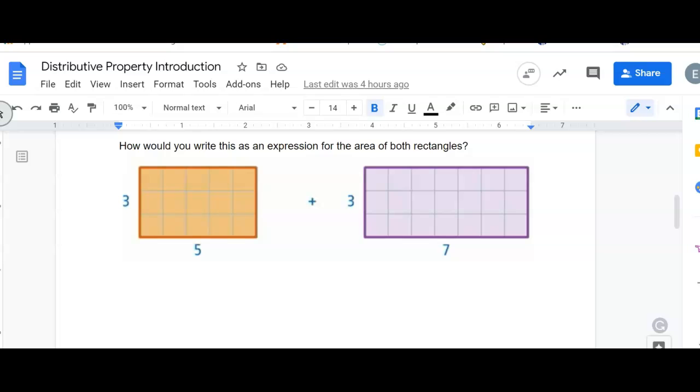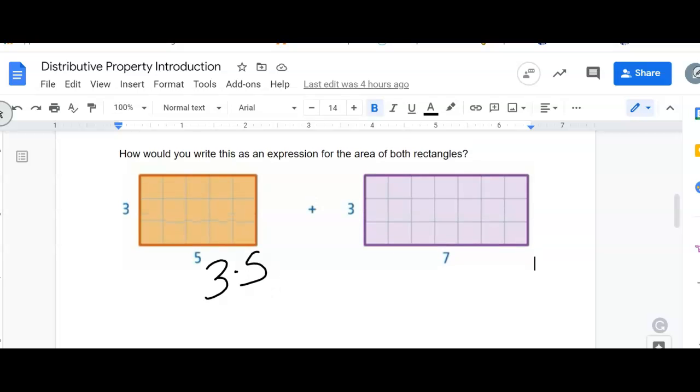Find the area. 3 times 5 plus... Good. So 3 times 5 would give us what? 15. It would give us the area of the orange rectangle, right? Okay, keep going.